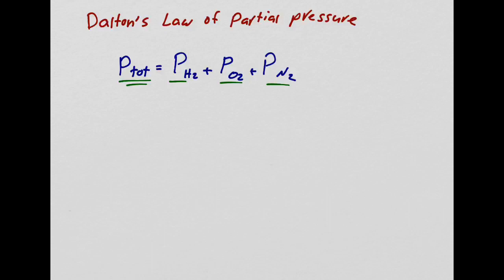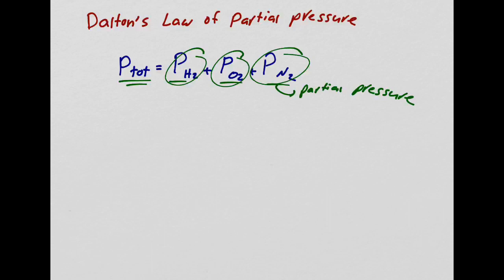So when they say partial pressure of N2, it is nothing fancy because N2 has a pressure, O2 has a pressure, H2 has a pressure, you add them up together, you get a total pressure. But they say this is a partial pressure because for the total pressure, you have to add up all of this together. So if I ask you about the partial pressure of O2, it's really nothing fancy. Just think about it as the pressure of O2 in the room.